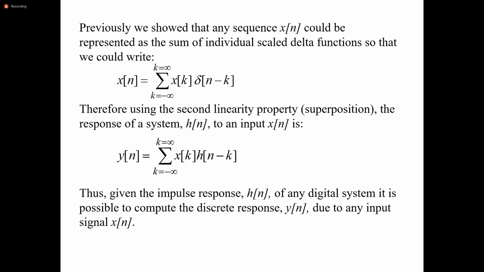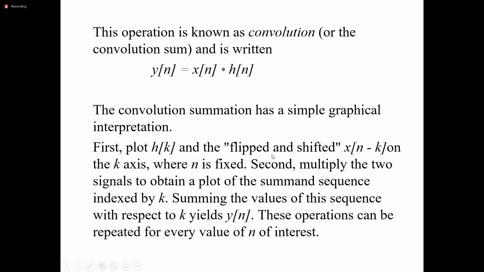And so the next question is now, how do we do this calculation? This is quite a difficult looking calculation. So before we start doing that, we're just going to say that this, of course, is convolution or the convolution sum.